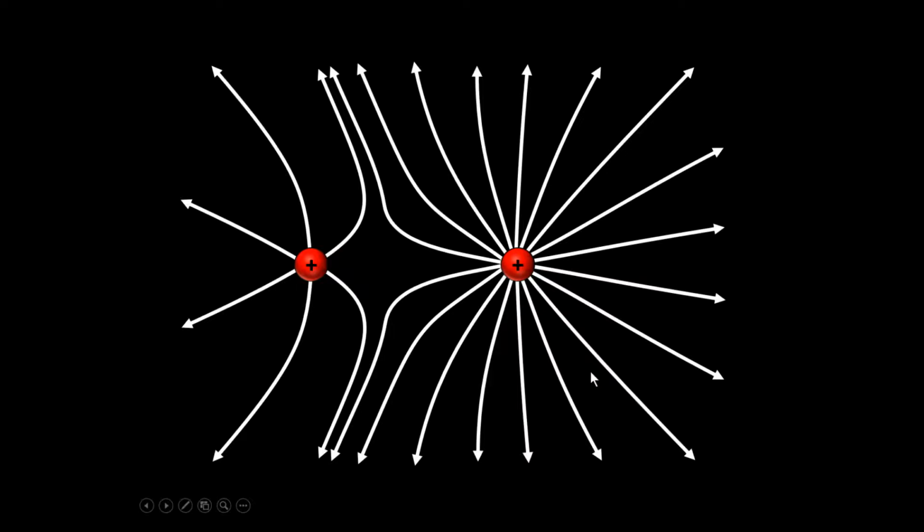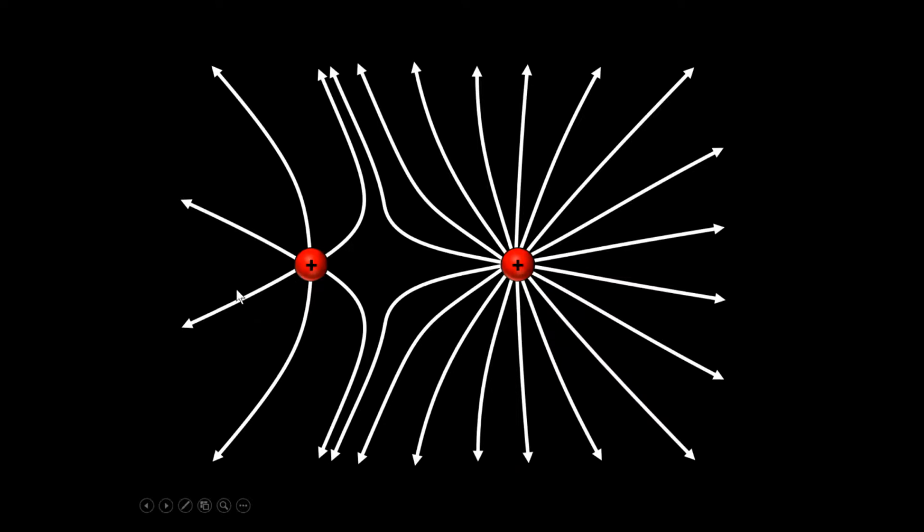If they're like charges, in this picture, this positive charge was stronger. It's not just a single proton here. It's representing a positive charge that's larger in magnitude than this charge here.